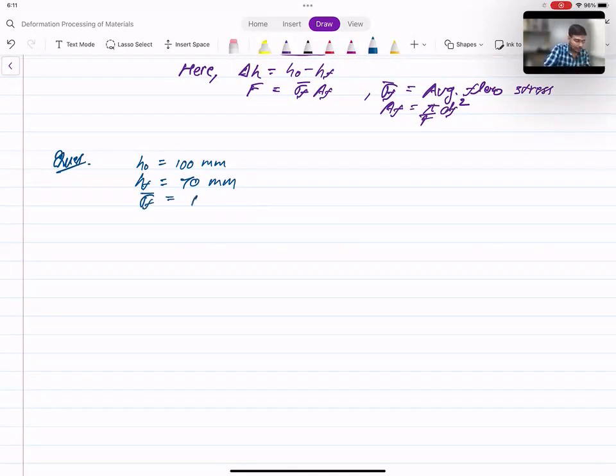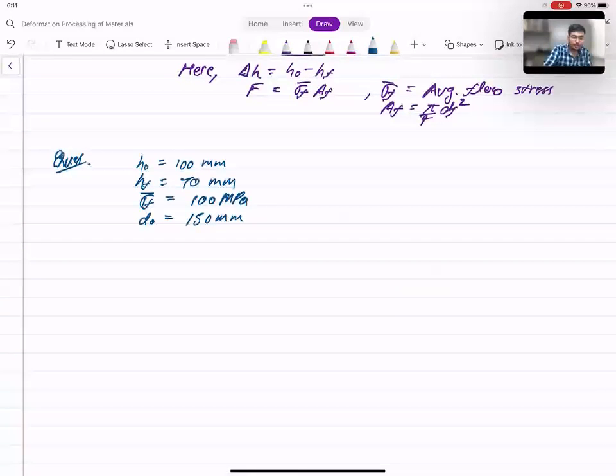The average flow stress is 100 megapascals. We are also given the initial diameter, and this is 150 mm. Also we are given the values of mass of hammer and acceleration due to gravity.